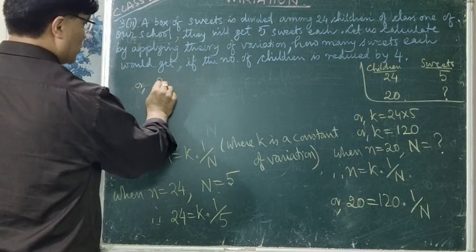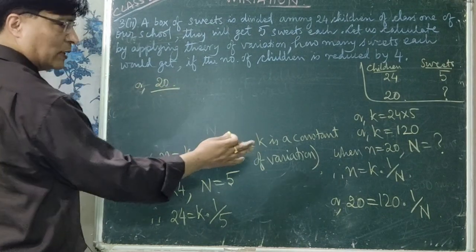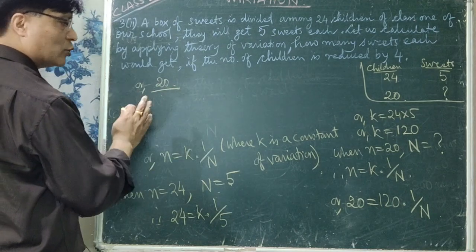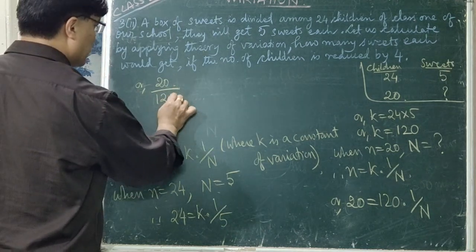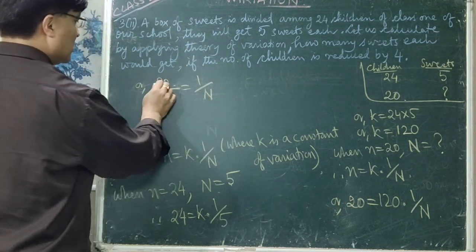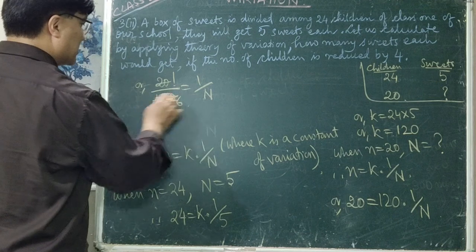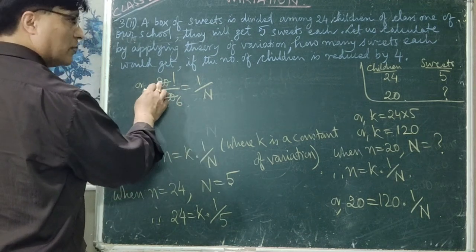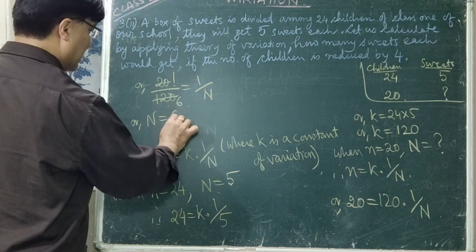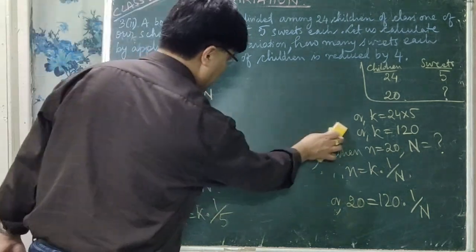Or 20 divided by 120 is taken to the left hand side. When 120 goes to the left hand side, you should write it in the denominator. 20 upon 120 is equal to 1 upon n, right? So 20 sixes are 120. Now cross multiply, that is capital N is equal to 6, right?